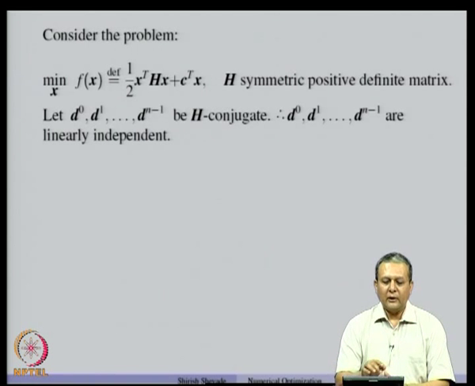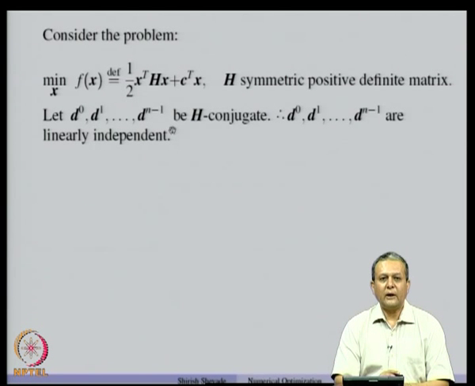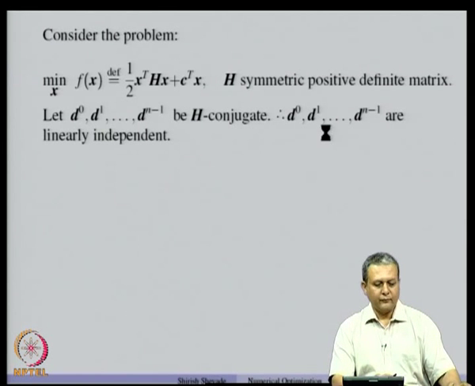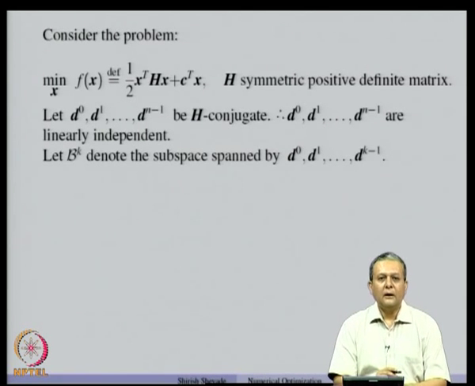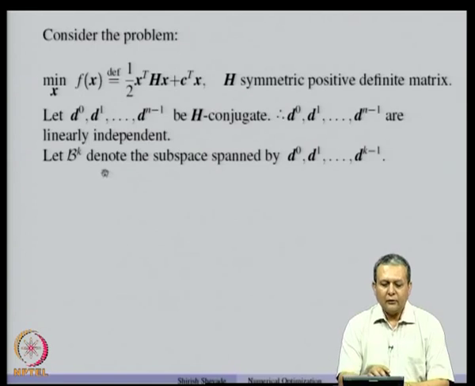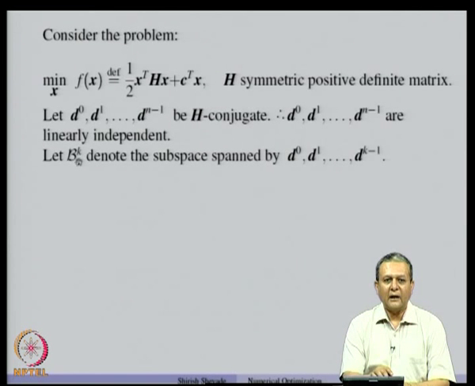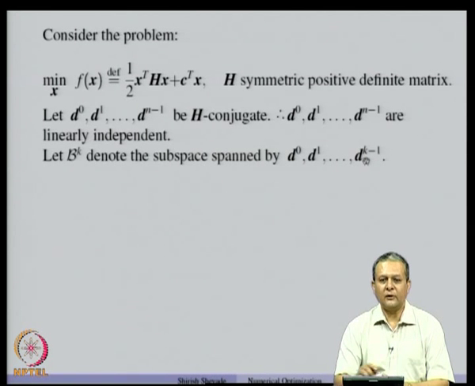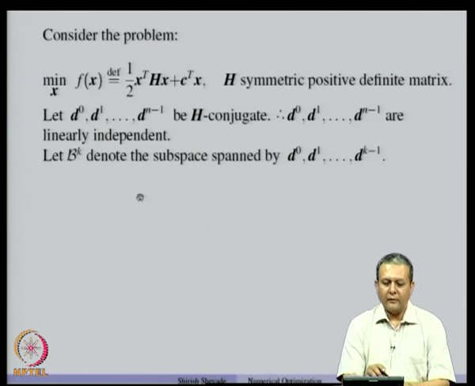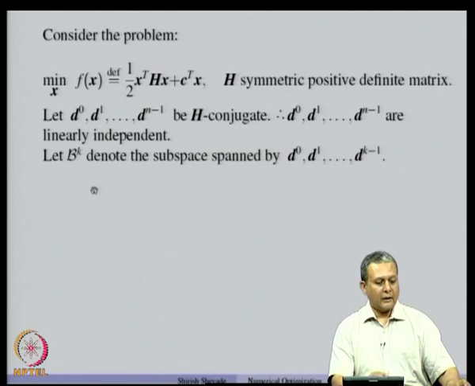We have already shown that these directions which are H conjugate are linearly independent. So, let us denote by script Bk the subspace of Rn spanned by d0 to dk minus 1. These are k vectors and they span a k dimensional space, which is a subspace of Rn.